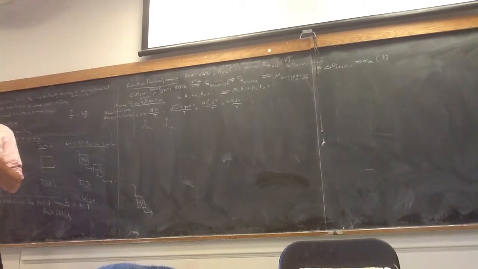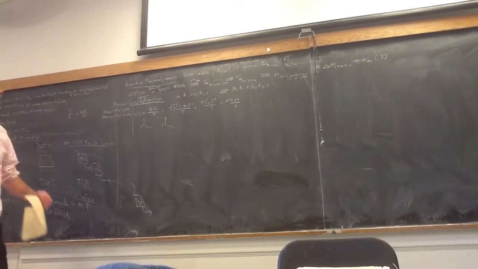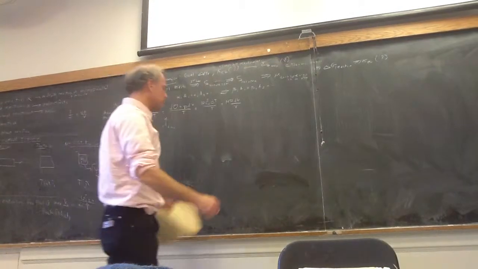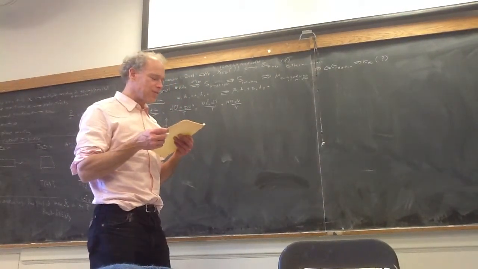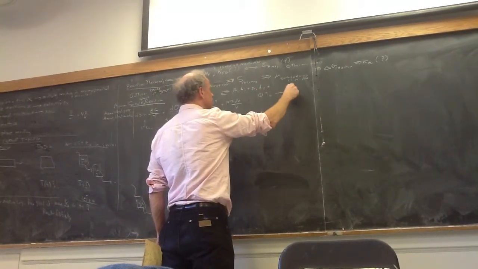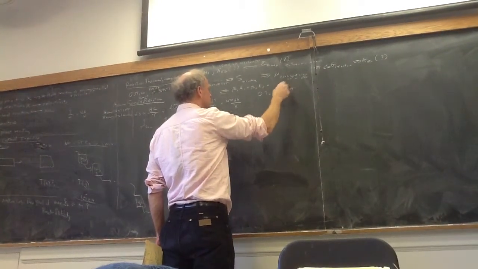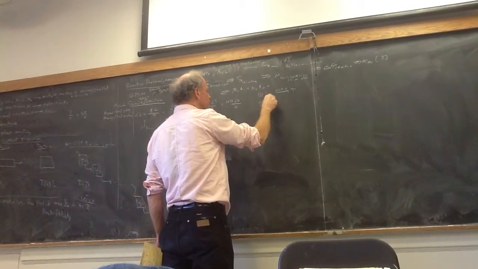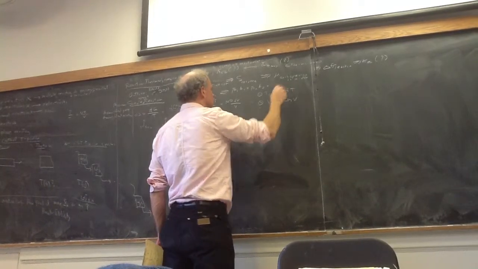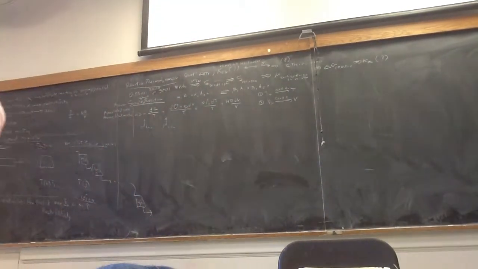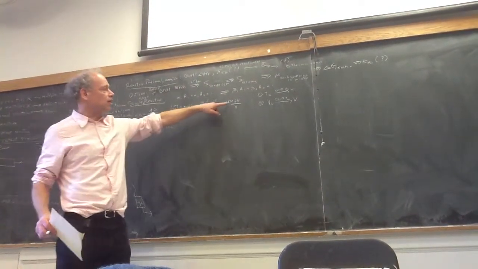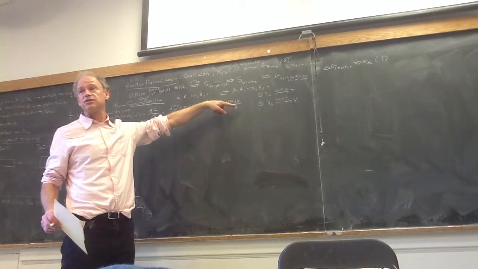Now what I'd like to do is subject the system to a process where I first go from T0 to T at constant V, and then I go from V0 to V at constant T. When I go from T0 to T at constant V, this term does nothing because dV is 0.